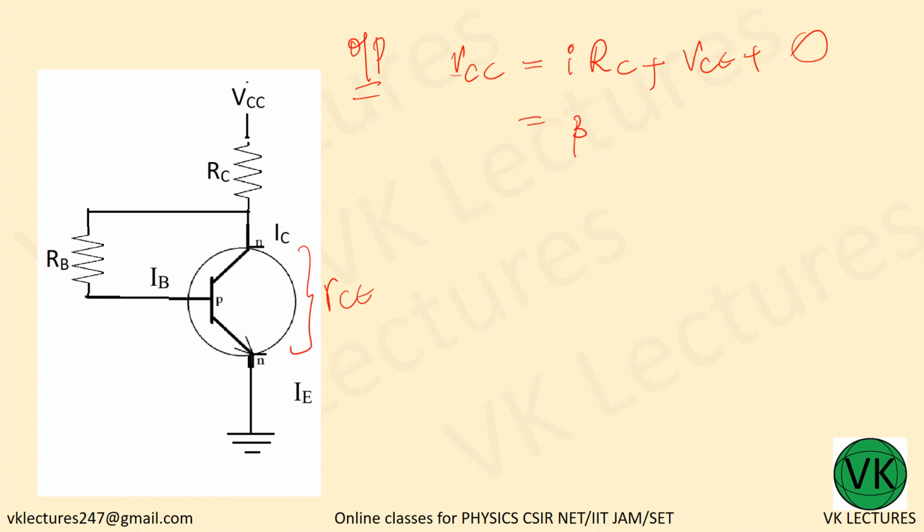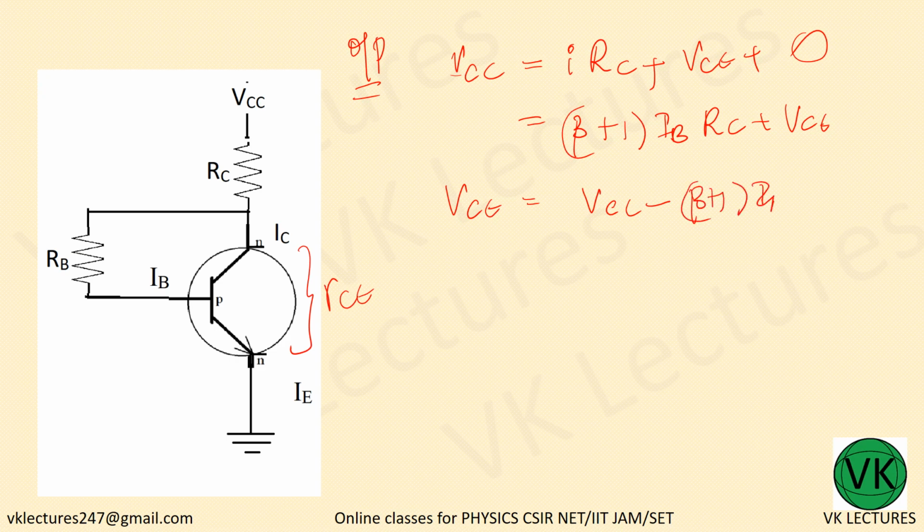So this is beta plus 1 into IB into RC plus VCE. So what is VCE equal to? VCE equals VCC minus beta plus 1 into IB RC. So that's it. There is no simplification further.